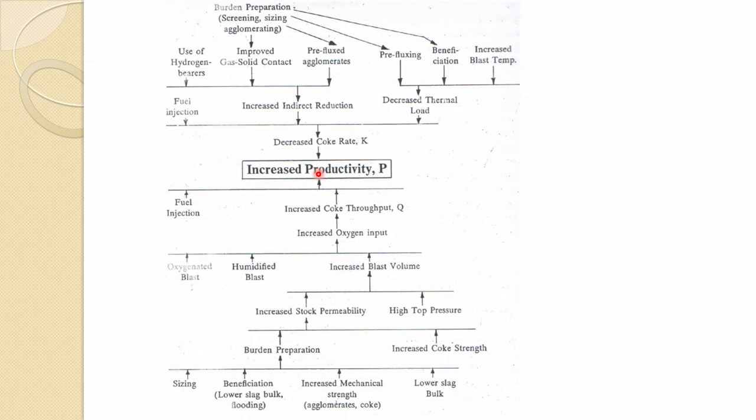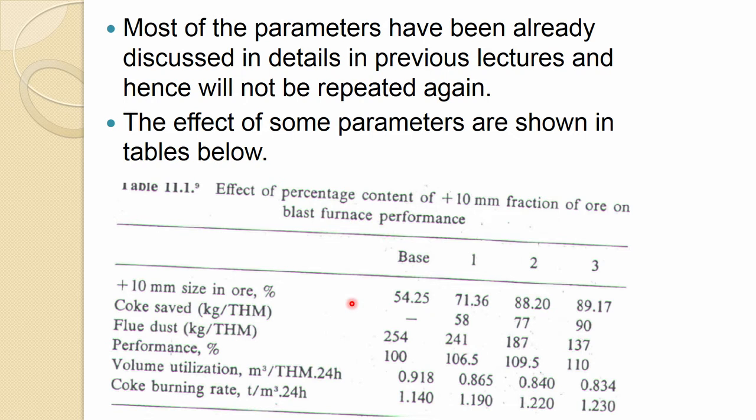So these are the factors which affect the blast furnace productivity. Many of them we have discussed before, but I will touch upon some of the important ones here again. Most of the parameters we have discussed in previous lectures, so not repeated again.